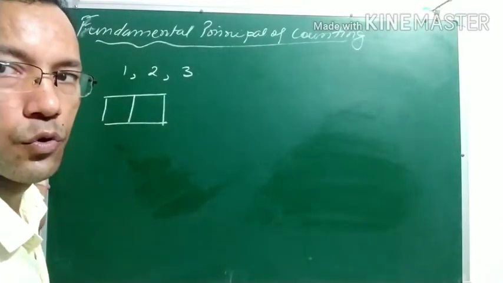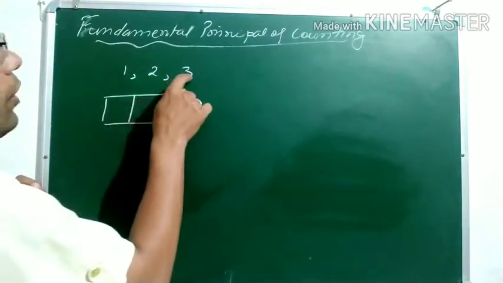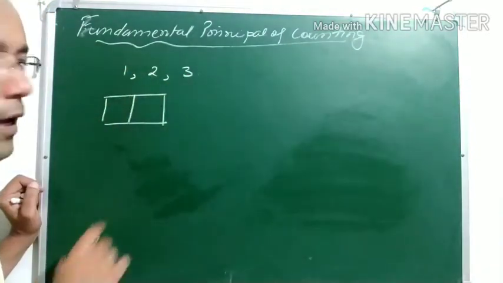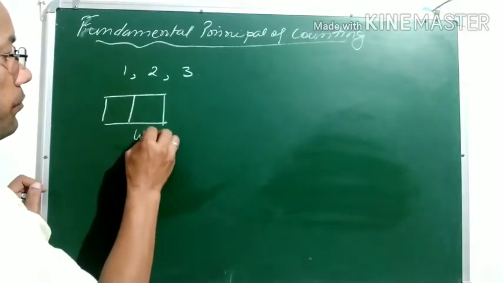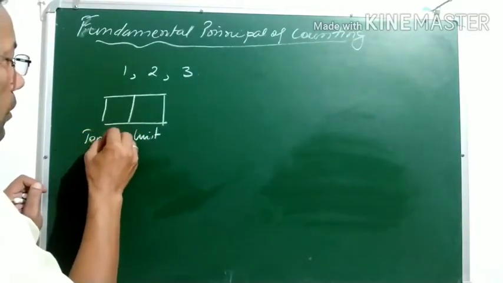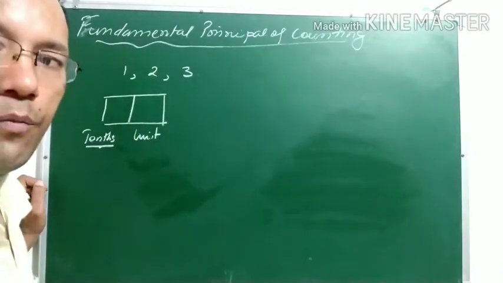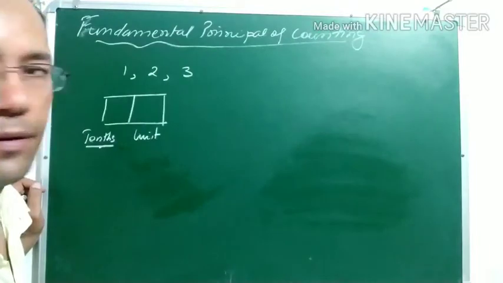This one is the unit digit, and that one is the tens digit. So we have to form a 2-digit number out of 3 digits.